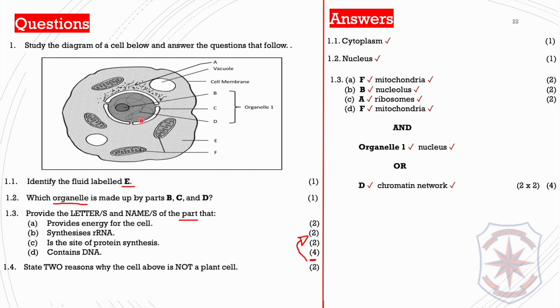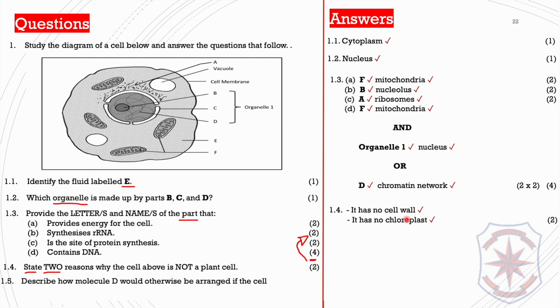Therefore, if it does not have both, it means that it is an animal cell. So what is the correct answer to this question? It has no cell wall and it has no chloroplasts. The question said state and not explain. So it just said state and 2 reasons. So there are our 2 reasons. Do we have another question? Yes, we do.